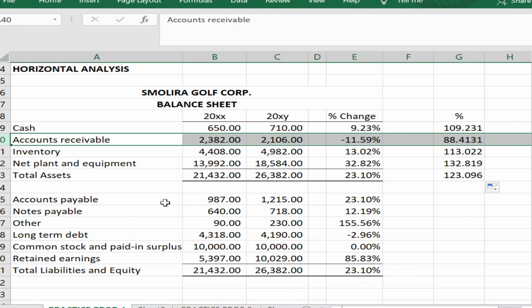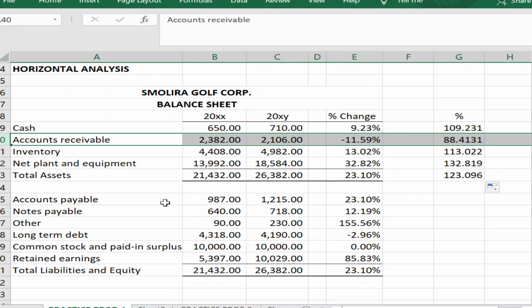Well, it depends. One reason could be that they were able to collect the receivables, and it could be attributed to the increase in our cash. Or customers preferred paying in cash rather than on account.